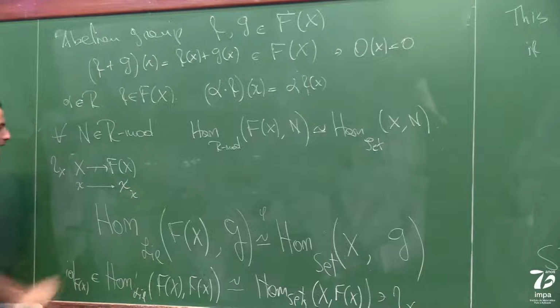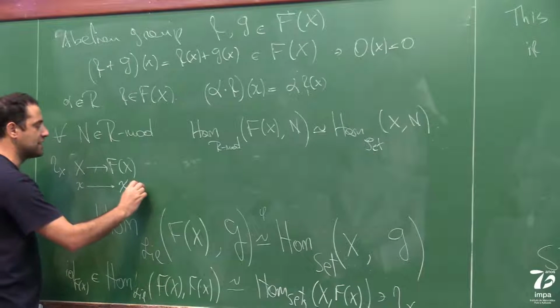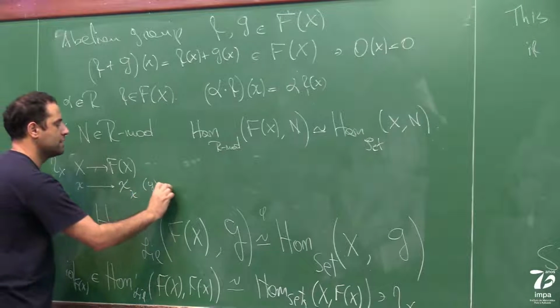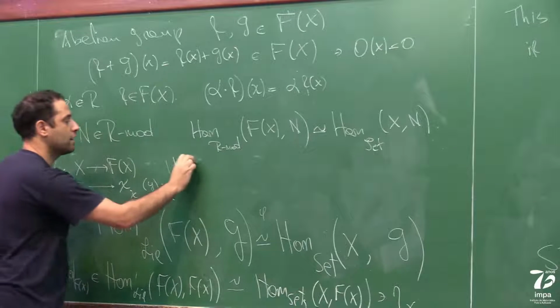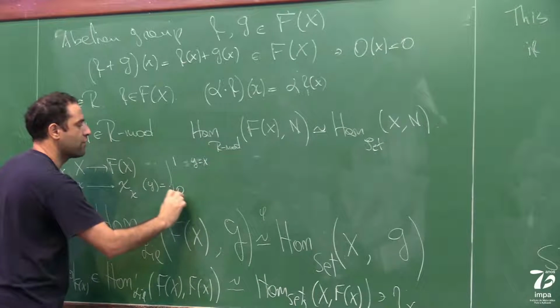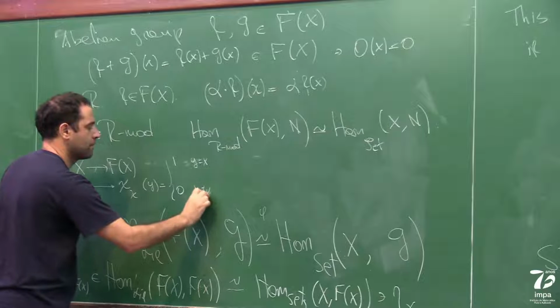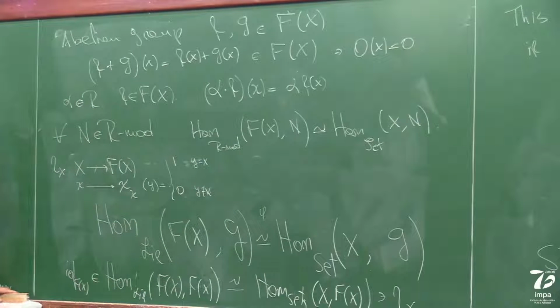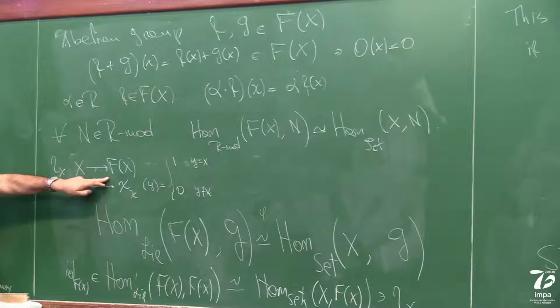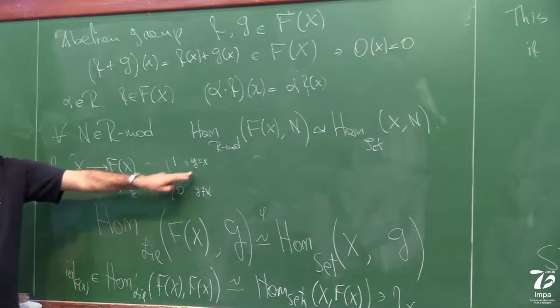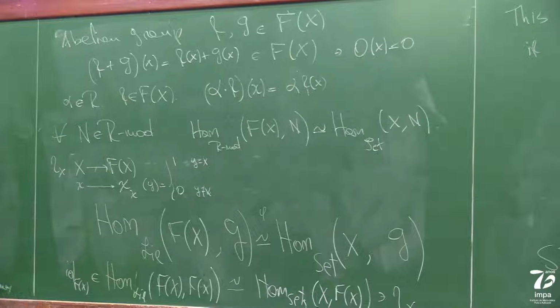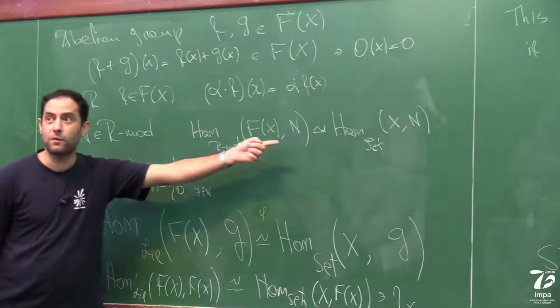This is the function that, evaluated on y, is equal to 1 in the ring if y is equal to x, and 0 otherwise. That's a well-defined compactly supported function from X to F(X). This function has support at only one point. And I'm going to exploit this to construct this isomorphism here.